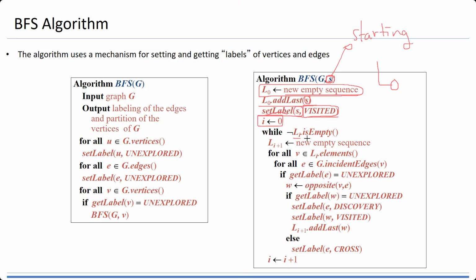So if Li is not empty, now we will check. Li plus 1 equals a new empty sequence. So i is 0, then i plus 1 means L1.